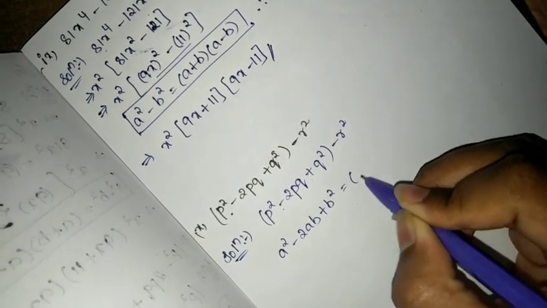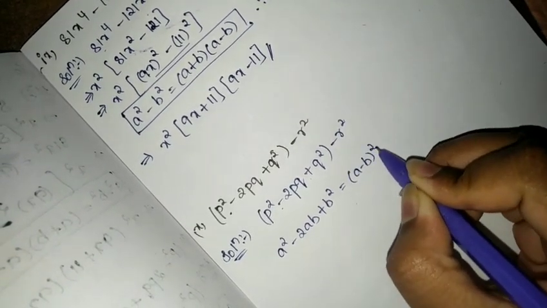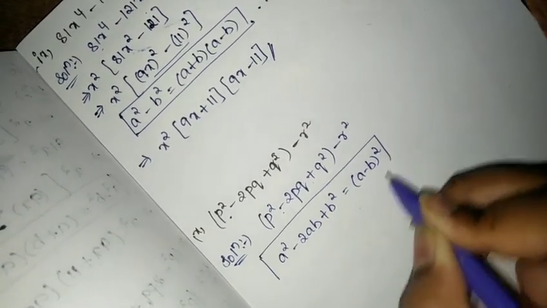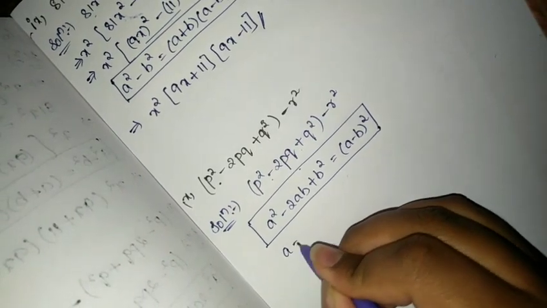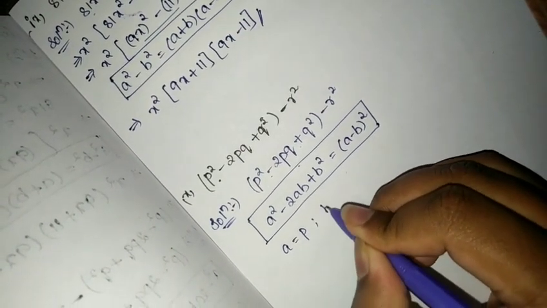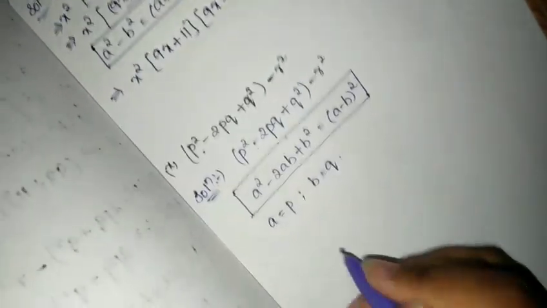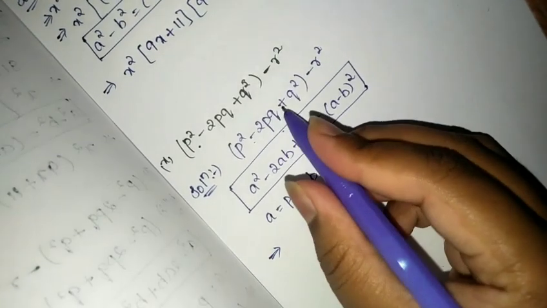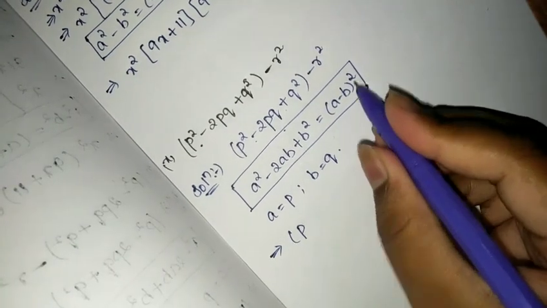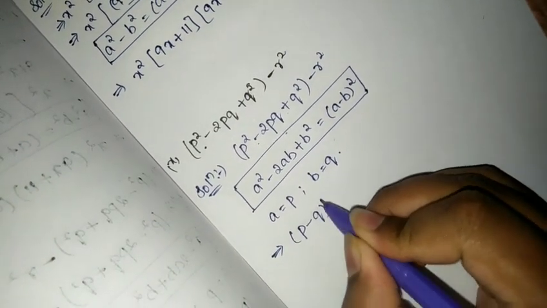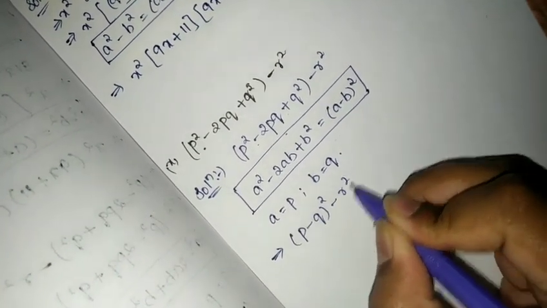The formula for this is a minus b whole square. So from here a equal to p and b equal to q. Our next step is we can write this in the formula. So a minus b whole square, that means p minus q whole square minus r square.